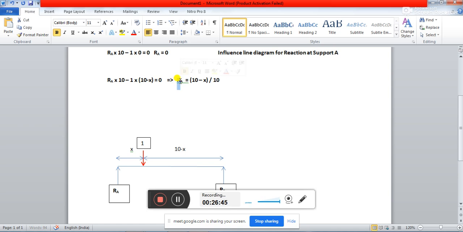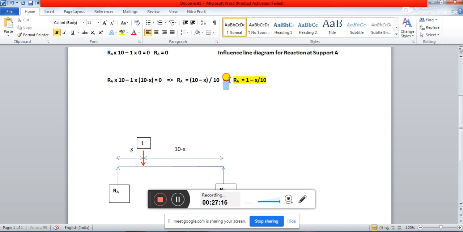RA is going to be 10 by 10, which is 1, minus x upon 10. Is it clear? So the reaction RA you are now getting as a function of x.